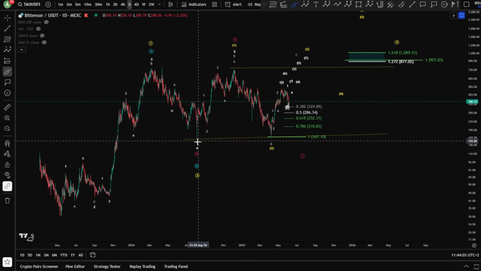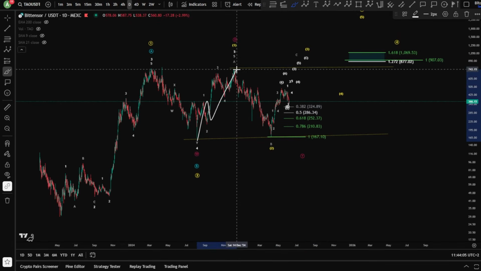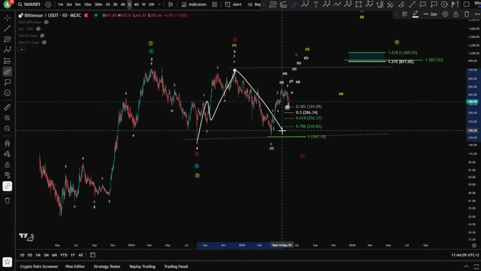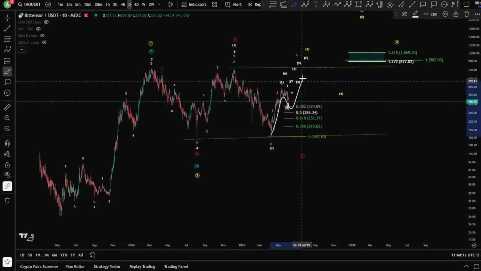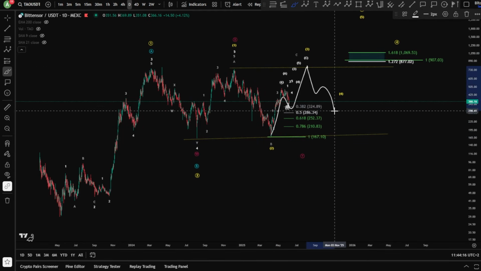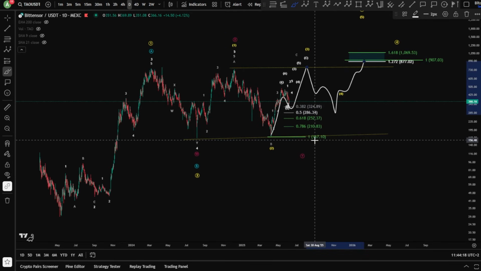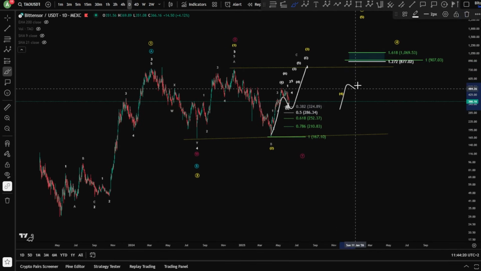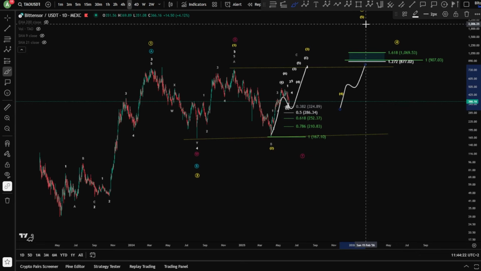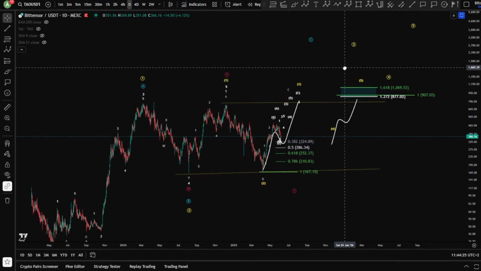This is a perfect scenario to finish an ABC here for wave 1. Then getting a correction, another ABC zigzag for a wave 3 in diagonal, another correction, and then a final zigzag toward the upside for a wave 5 in this diagonal, which might unfold.